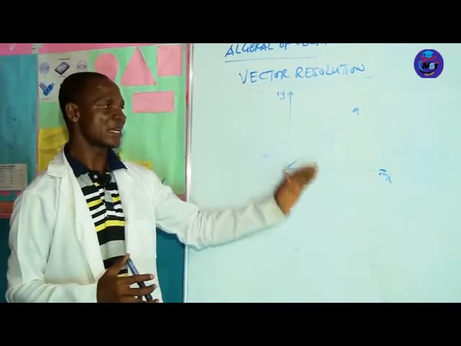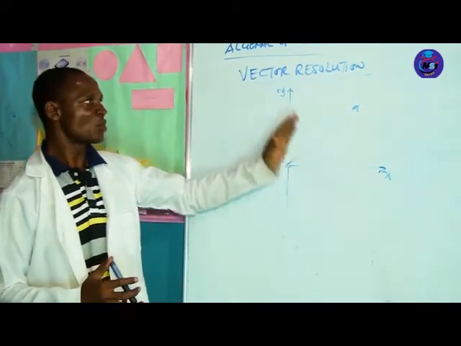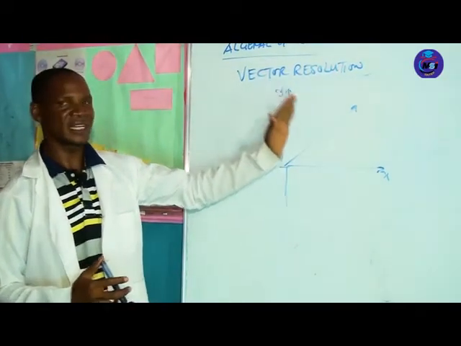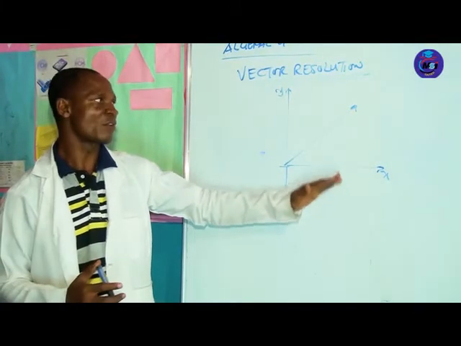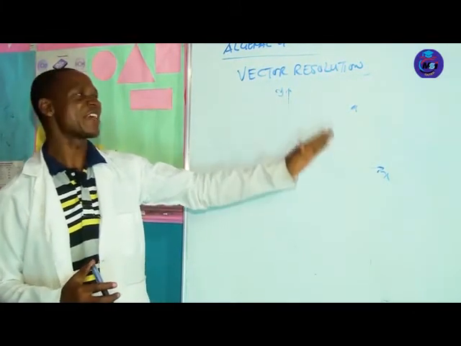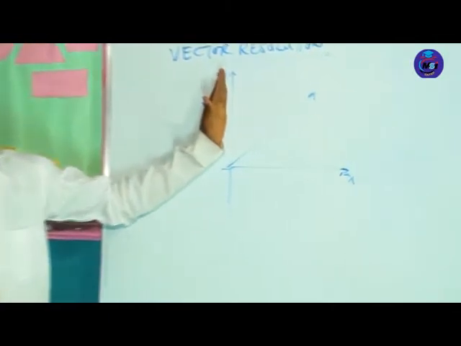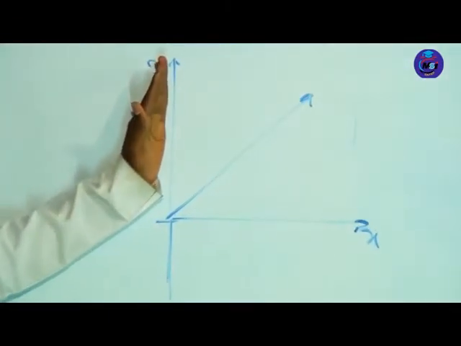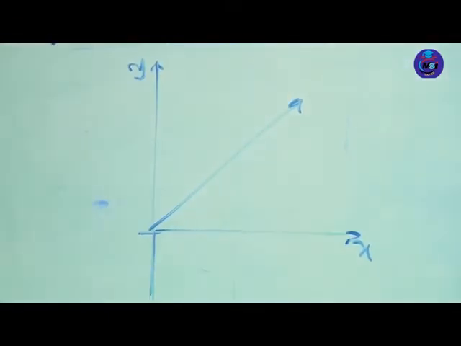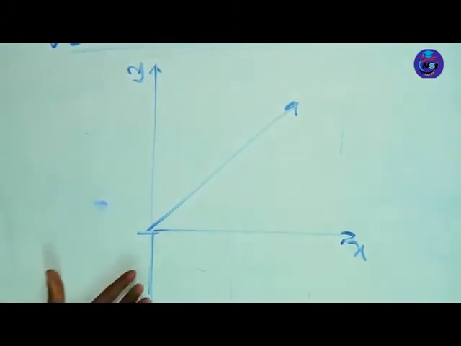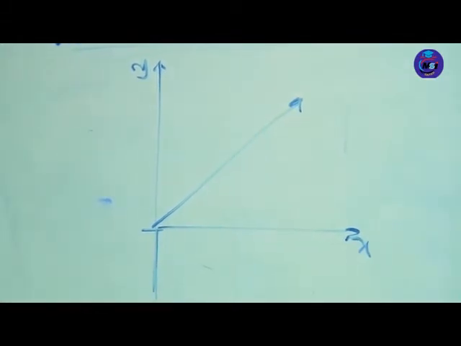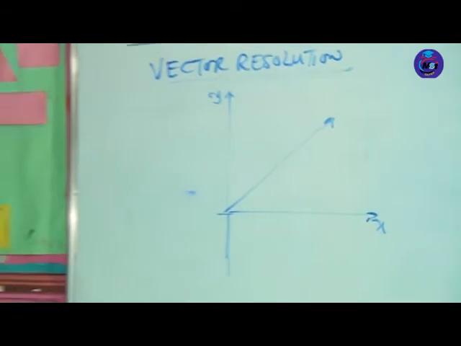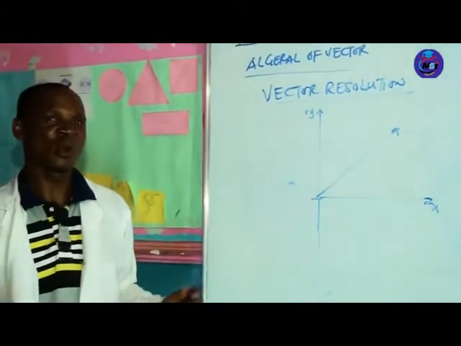In between the y-axis and the x-axis calls for resolution. But when the vector is placed on the y-axis, we don't resolve. Even though you resolve, it still gives you the same answer. Nothing will change, because that vector is already positioned on the y-axis.